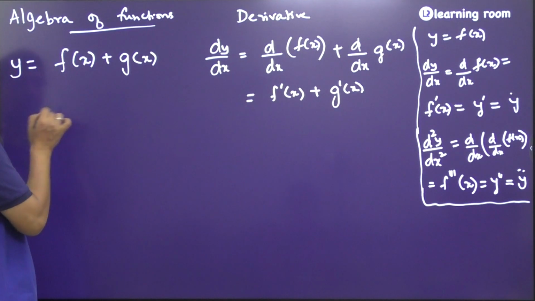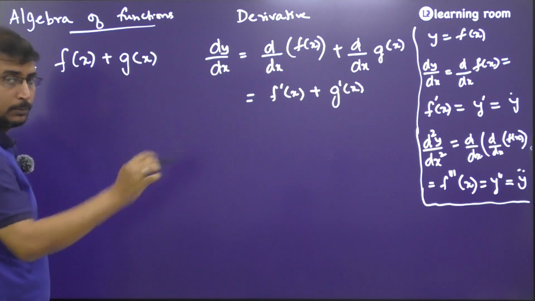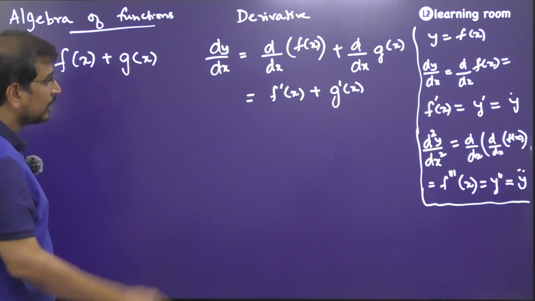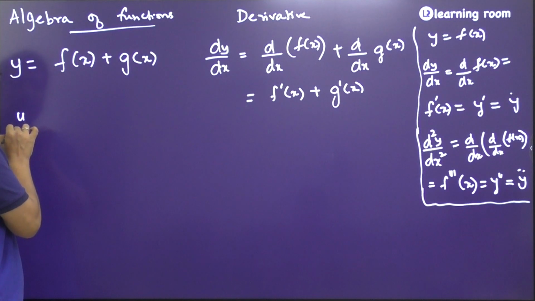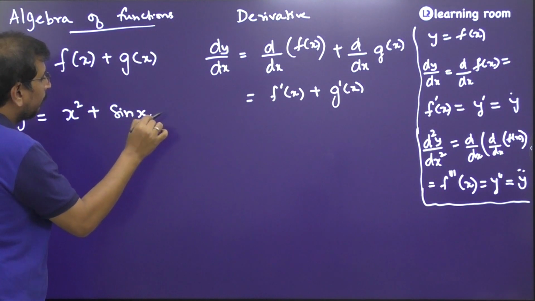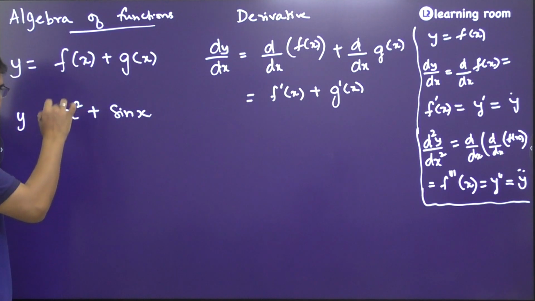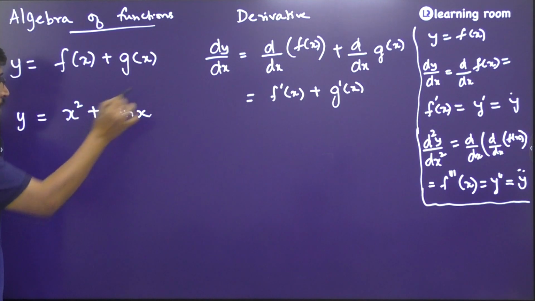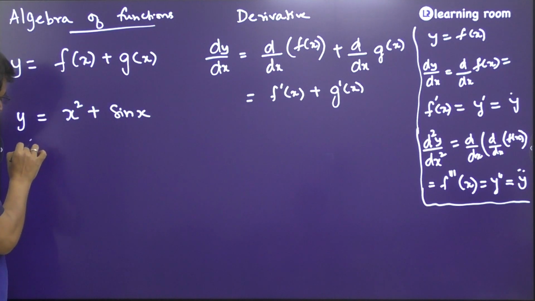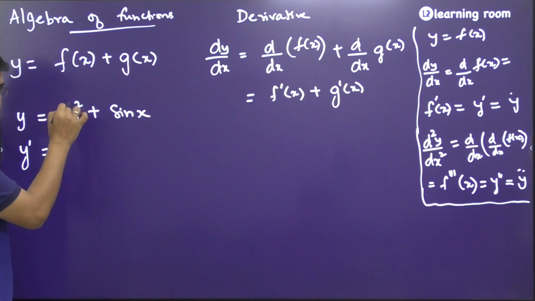Now, it is not necessary that you always add the functions. You can subtract them also. But before that, let me take an example. For example, if I have y is equal to x square plus sin x. You know the derivative of x square, and you know the derivative of sin x. So dy by dx, which is y dash, is equal to, what is the derivative of x square?